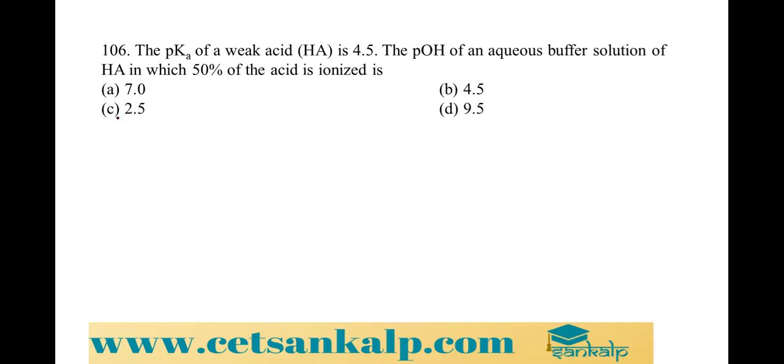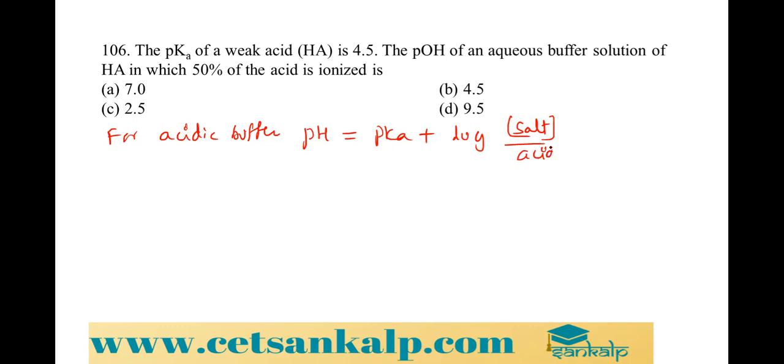For acidic buffer, pH is given as pH is equal to pKa plus log of salt concentration by acid concentration.